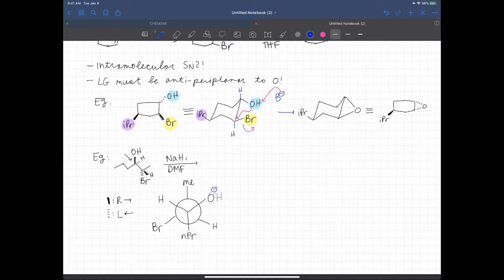You can see that it's anti-periplanar, so it's going to attack the electrophile and pick off the leaving group. And what we get as a result is this product here. Okay, you don't have to invert anything, so that's fine.